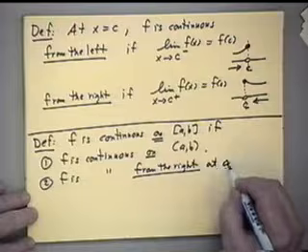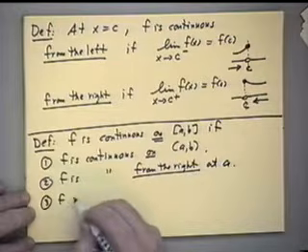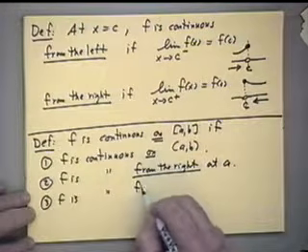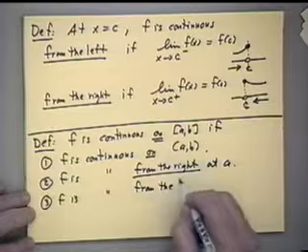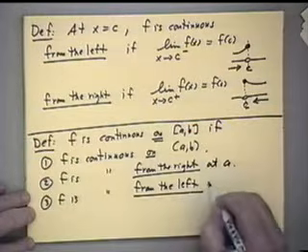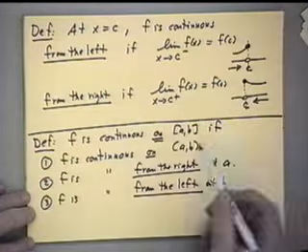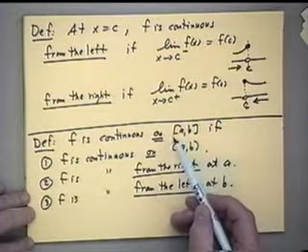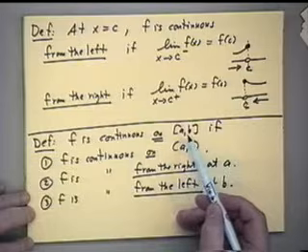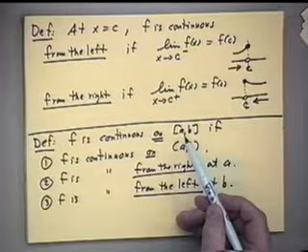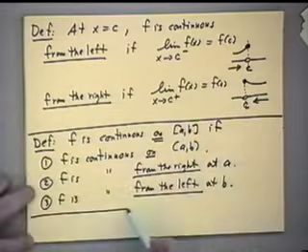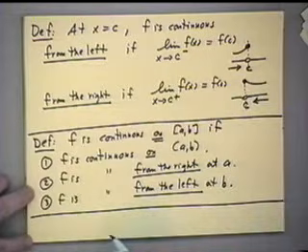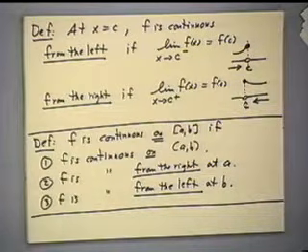And finally, f is continuous from the left at B, because in the closed interval we can only approach B from the left, because we have to approach on a side where the function is defined. So that defines continuity for functions on all the intervals we'll see. And it is just as simple as that.